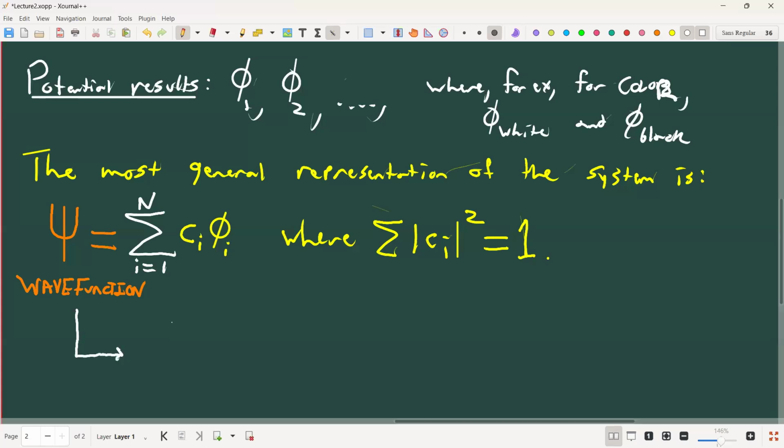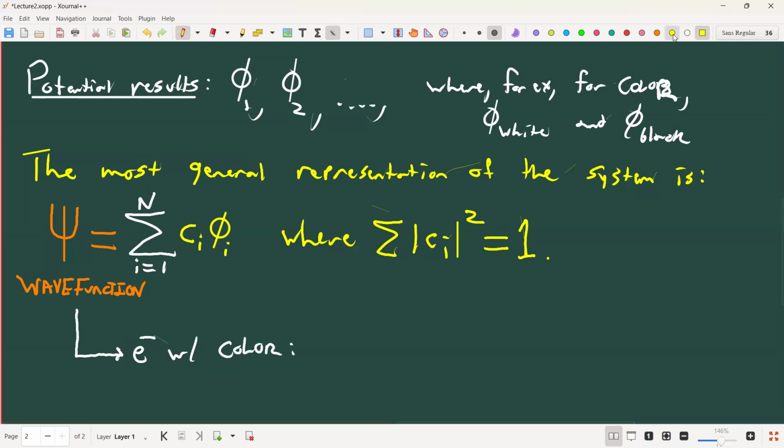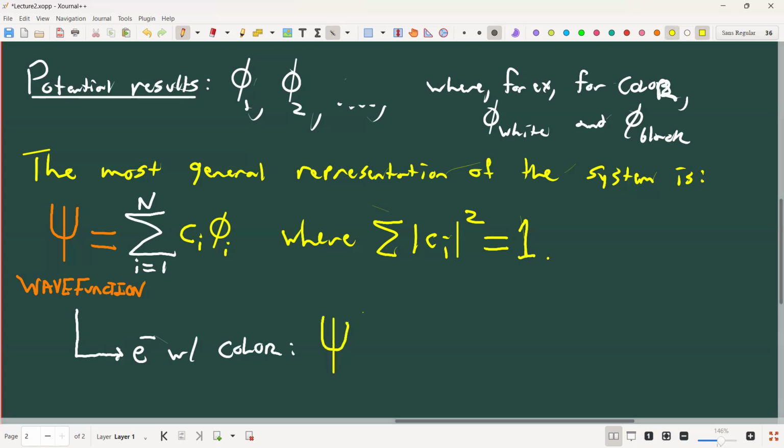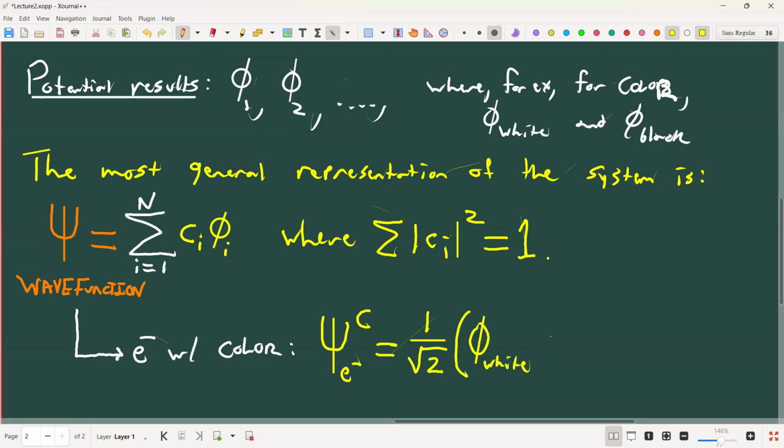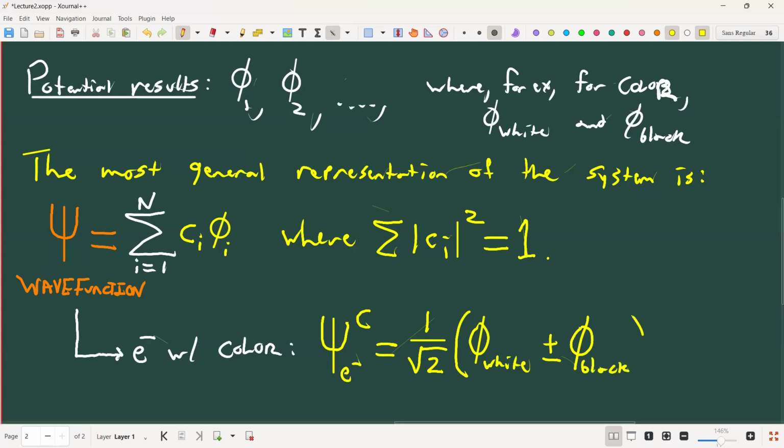But for the electron with color, we would say that the electron's wave function for color turns out to be, and we'll derive this later, 1 over the square root of 2 times the function representing the white electron plus or minus the one for the black.